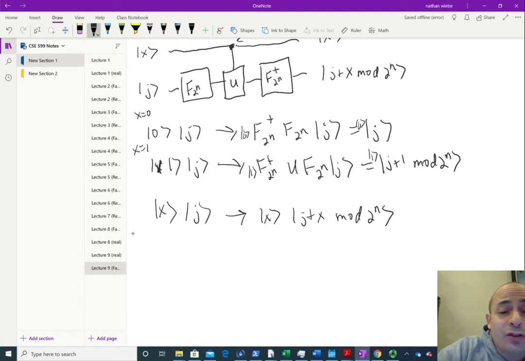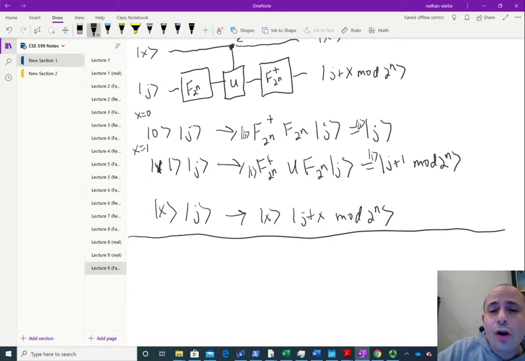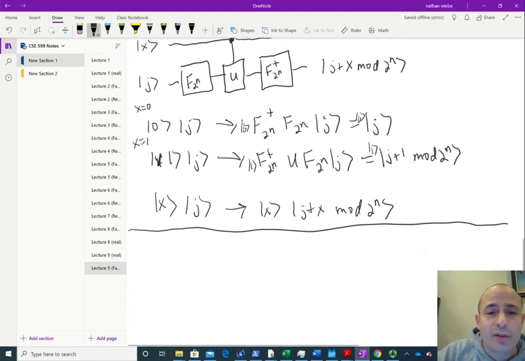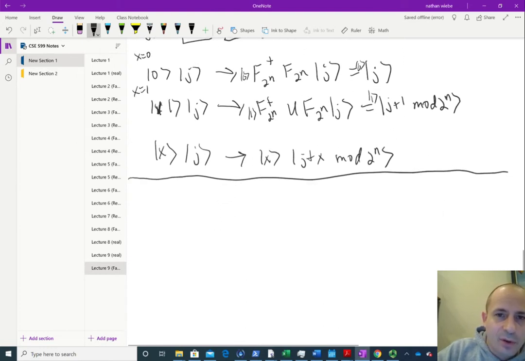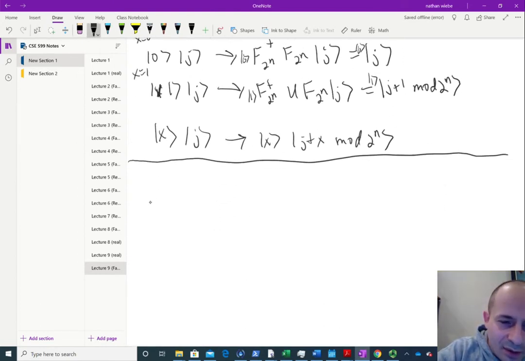In order for us to build a general adder, we're going to need one last piece of technology. I'm going to need a gate, and I'm going to call it add 2 to the p, let's say.